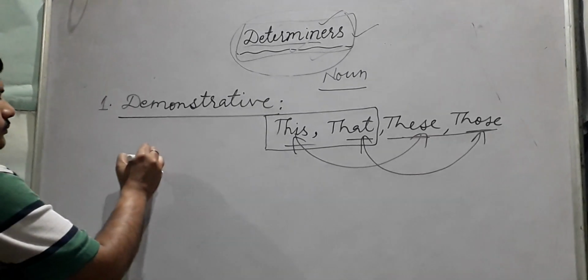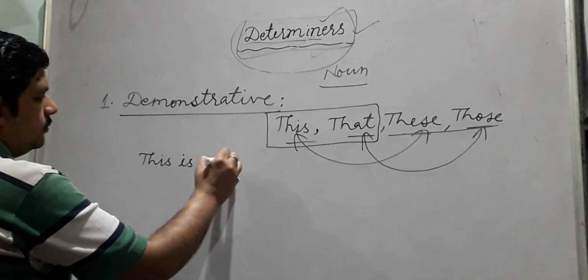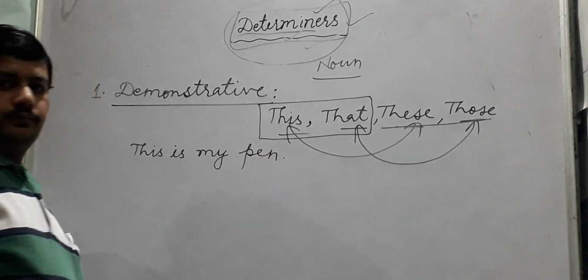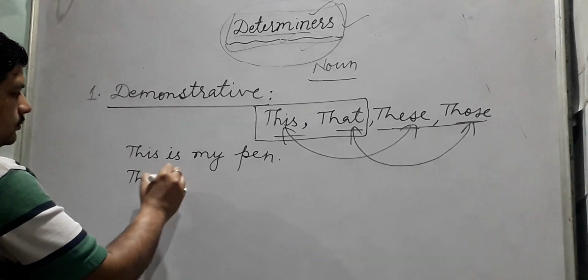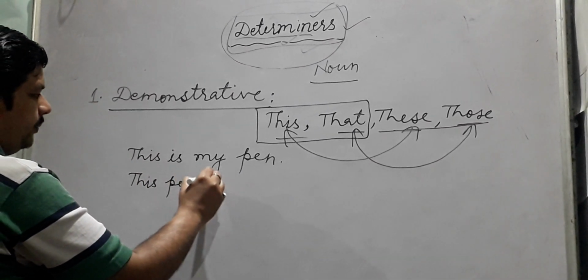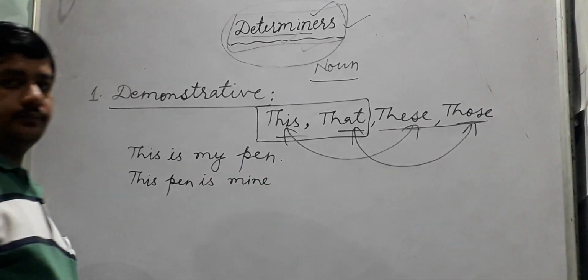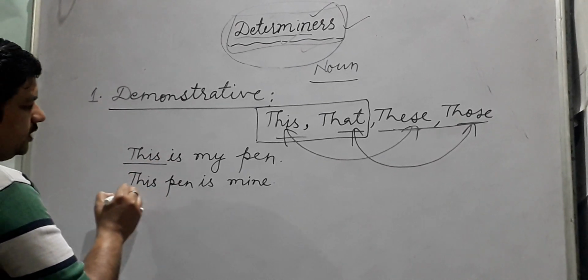See here, this is my pen. Next sentence, this pen is mine. Now see these words.